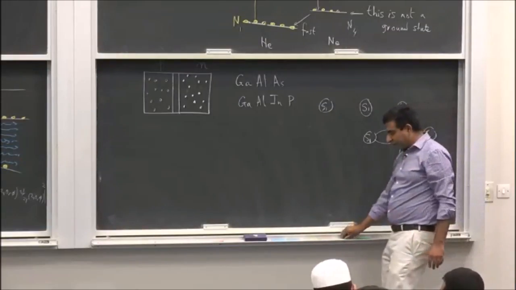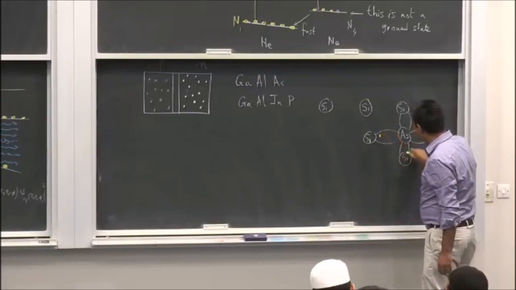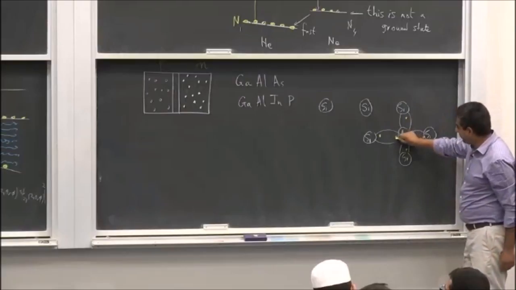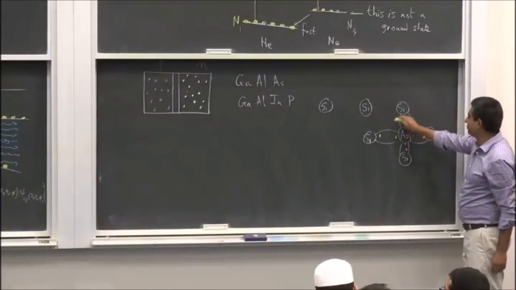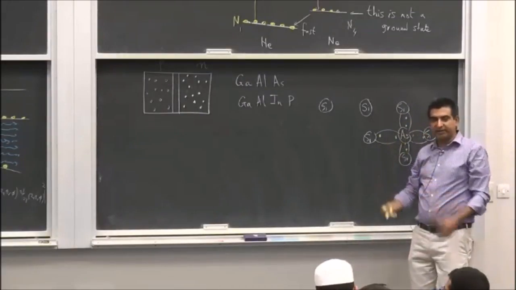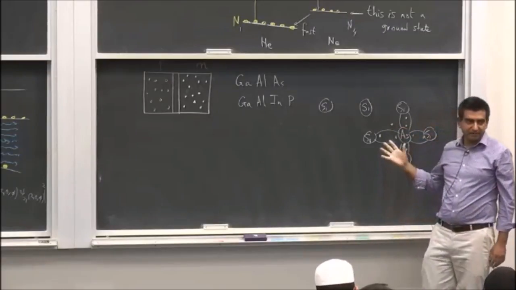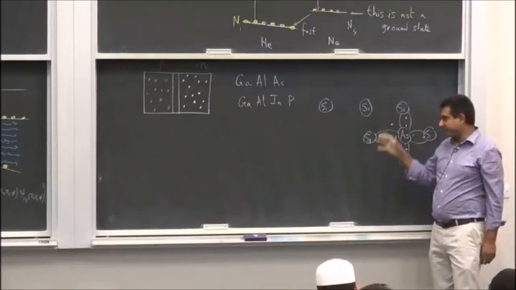Silicon has 4 electrons in its valence shell, and arsenic has 5. So 4 of them contribute to making bonds with neighboring silicon atoms, and one of the electrons remains mobile. It does not participate in the bonding. So it's in the conduction band, it's not in the valence band.